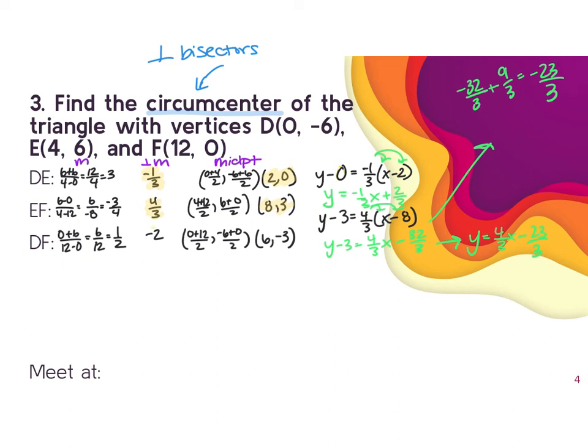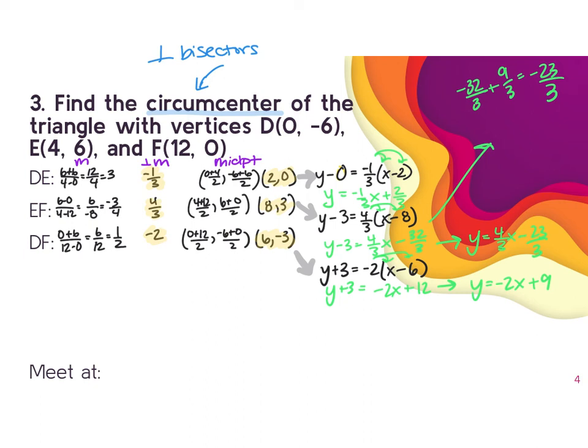We're going to use our perpendicular slope and our midpoint. So we have y minus negative 3, so y plus 3 equals our slope of negative 2 times x minus 6. Now I need to get y all by itself, so I'm going to distribute. Negative 2x plus 12. Bring our y plus 3 down. I'm going to subtract 3 on both sides to get y equals negative 2x plus 9.